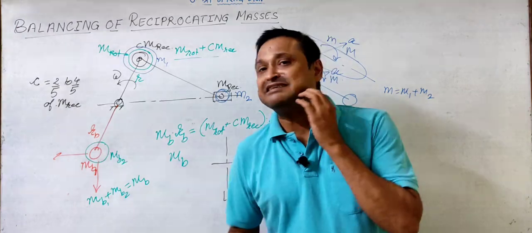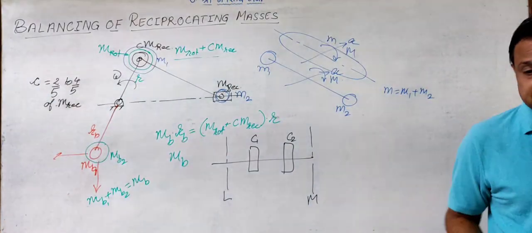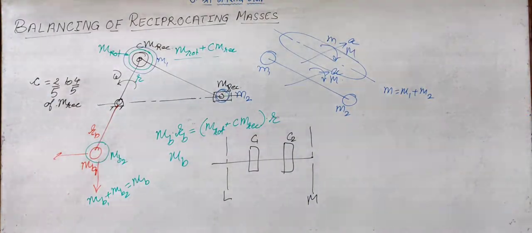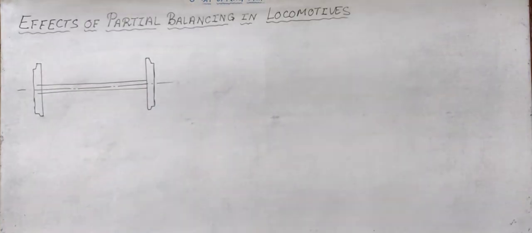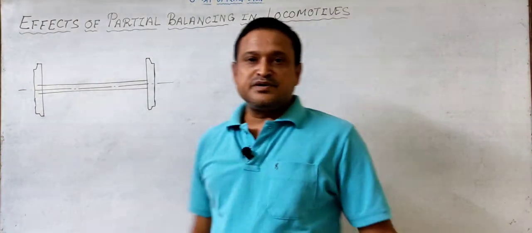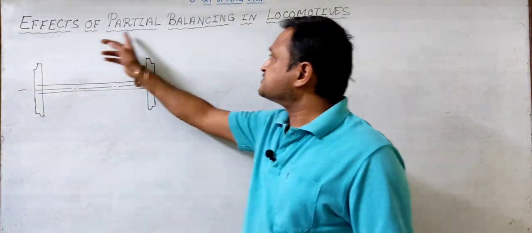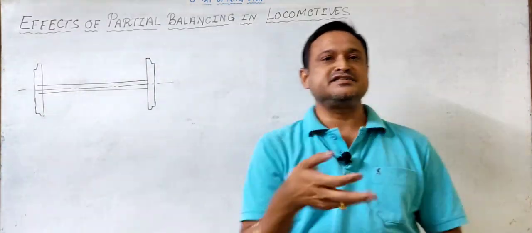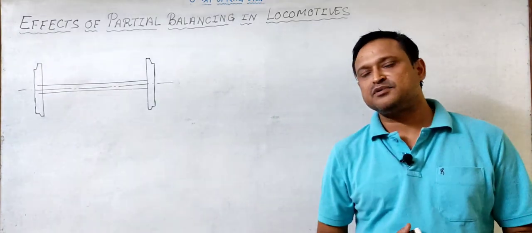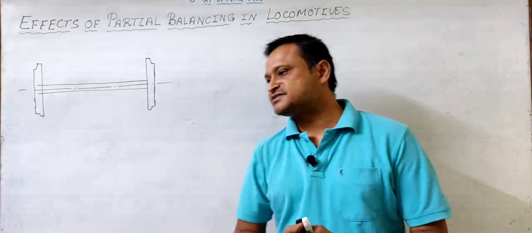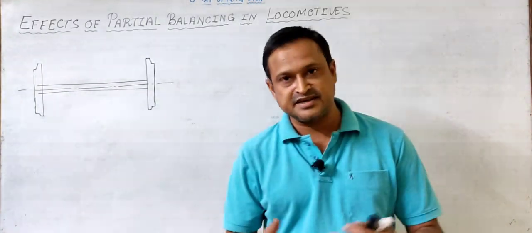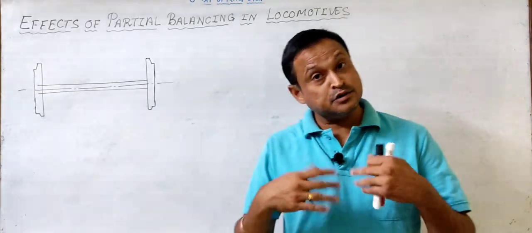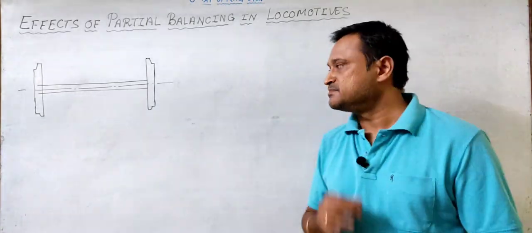So let us try to understand this with the help of the effects of partial balancing of locomotives. As we have understood, we are unable to completely balance the system, so residual unbalances are there in the system and they do affect the system.